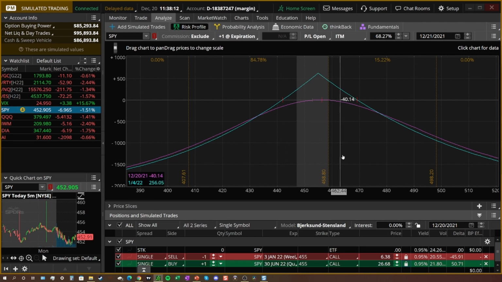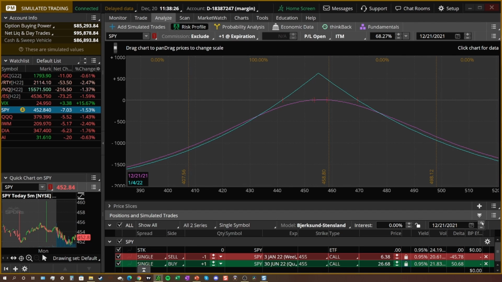Okay. So as we roll this forward in time, I'm going to roll this forward until we get to the call that we sold, right? So we sold the January 3rd call. I'm going to roll this date forward in time, and you just see what the purple line does, right? It's increasing, it's continuing to increase, and that is what we are looking to capture with this strategy.